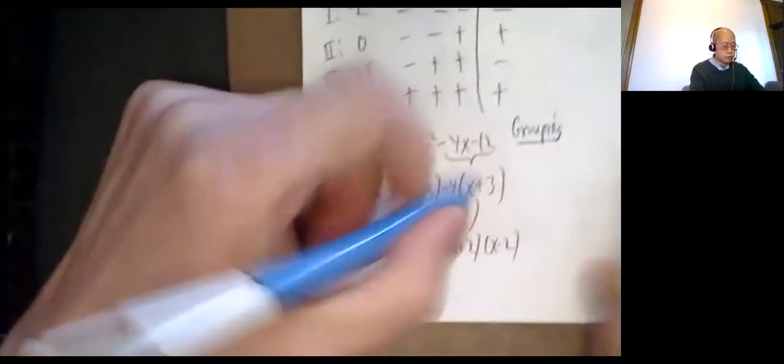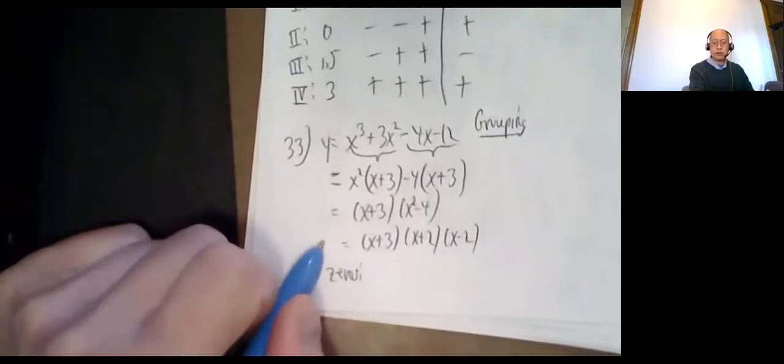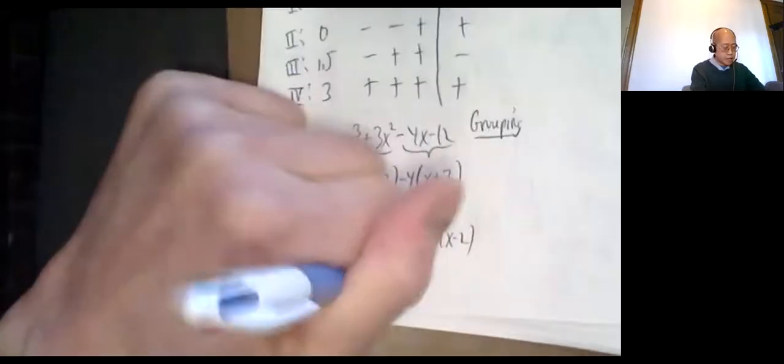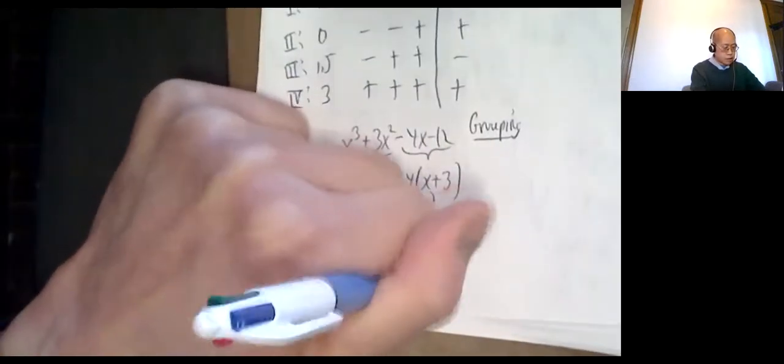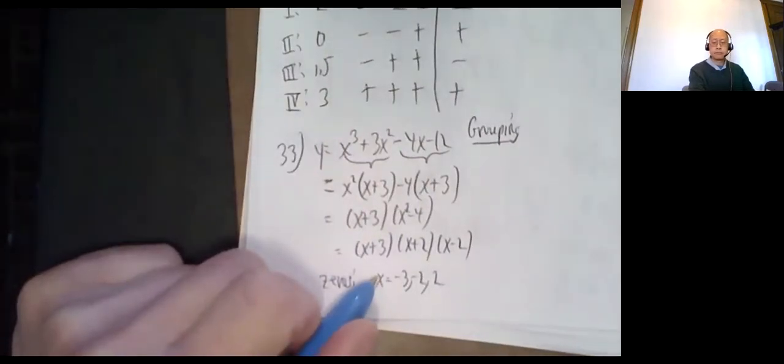Okay, so what are the zeros? Zeros means what makes y equal to 0. So x equals -3, -2, and +2. Okay, so I put those on my number line and go from there.